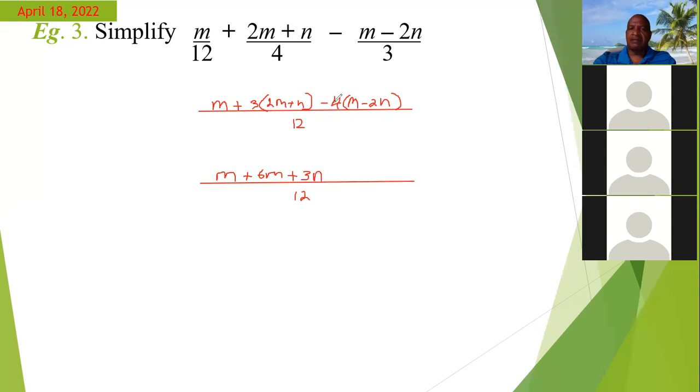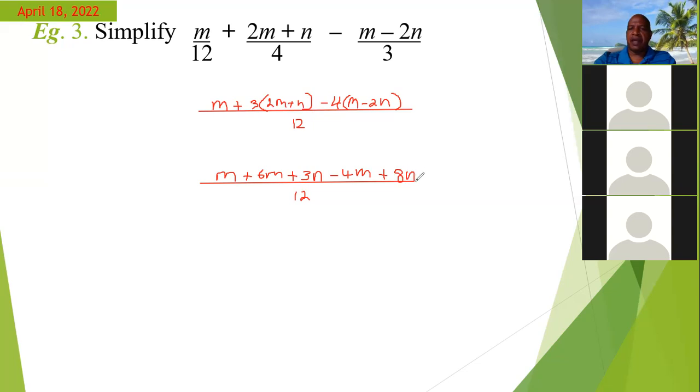All right, next we have negative 4 times m gives you minus 4m. And then negative 4 times negative 2n gives you positive 8n. So we would have 8n here.